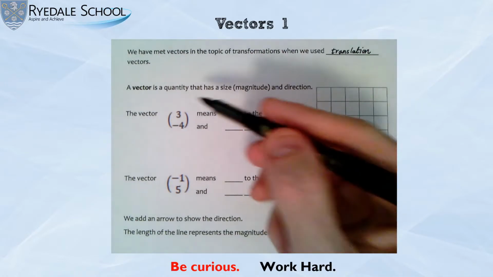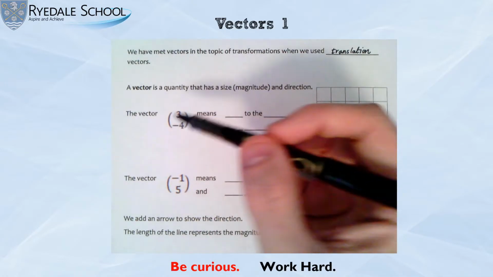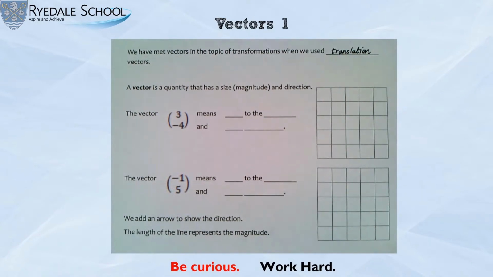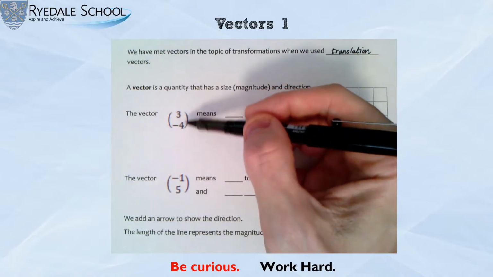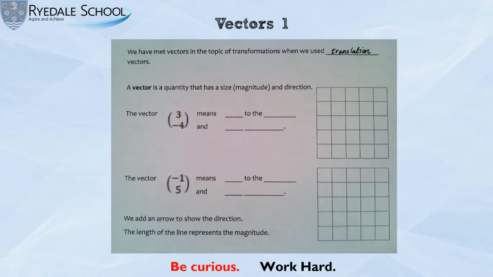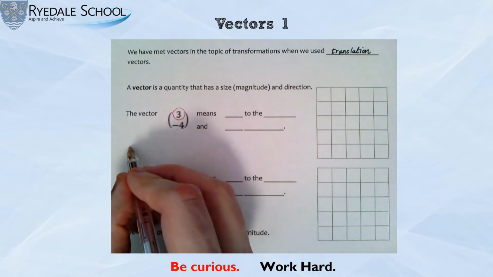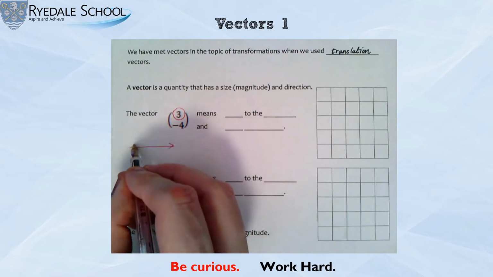We have seen this notation before when we did our translation vectors, and this is what I'm now going to call a column vector. It has two numbers, very much like a coordinate. You might recall from last year that the first number represents movement left and right.